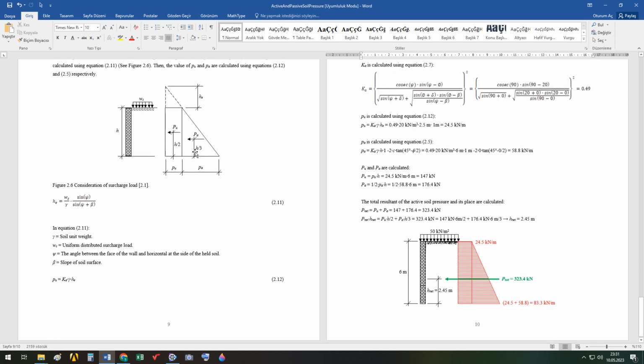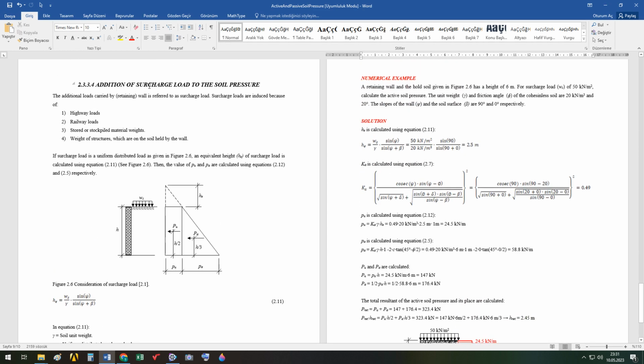Here, there is an addition. If we have surcharge load on the soil, how we will take into account. The additional load carried by retaining wall is referred to as surcharge load. Surcharge loads are induced because of highway loads.